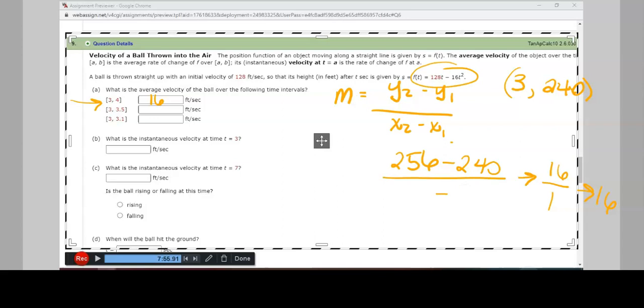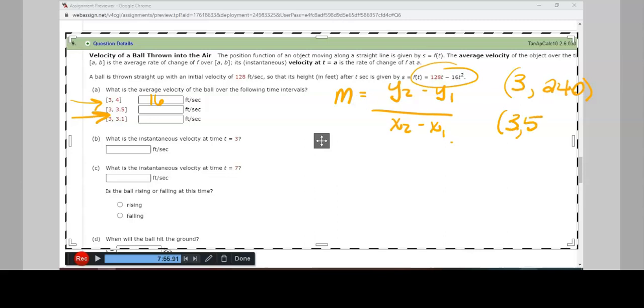Okay, so I'm still going to use the stuff for 3 that I had, but now I'm going to get a little bit closer. So in other words, instead of 3 seconds to 4 seconds, I'm going to do 3 seconds to 3.5 seconds. So I'm working with this one. So if I shove in a 3.5, what do I get?